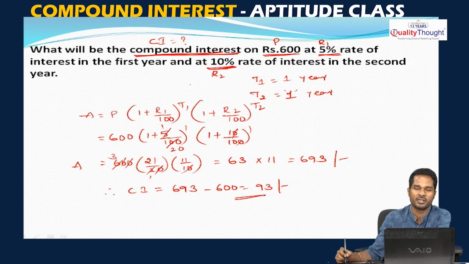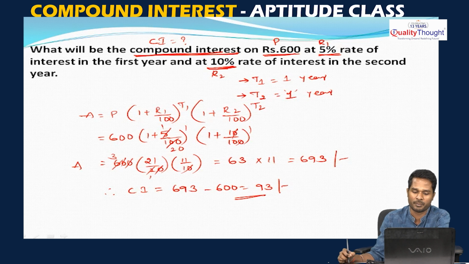Now if the rate of interest is different for different years, what will be the compound interest? That is the question. We have only one first year, so we wrote T1 as 1 year, and only one second year, so T2 is also 1 year. So the total amount is principal amount into (1 plus R1 by 100) whole power T1 into (1 plus R2 by 100) whole power T2.